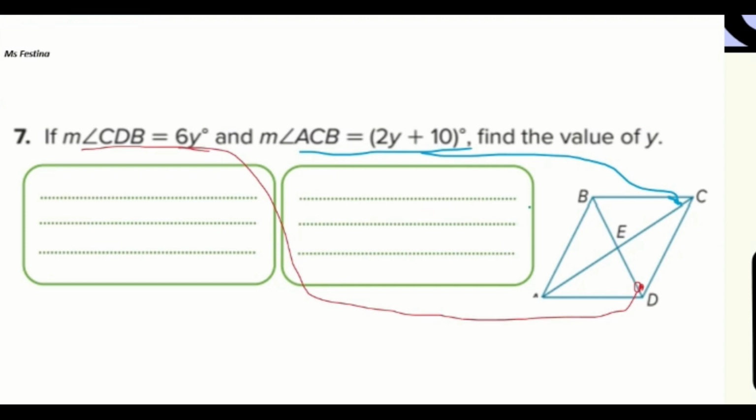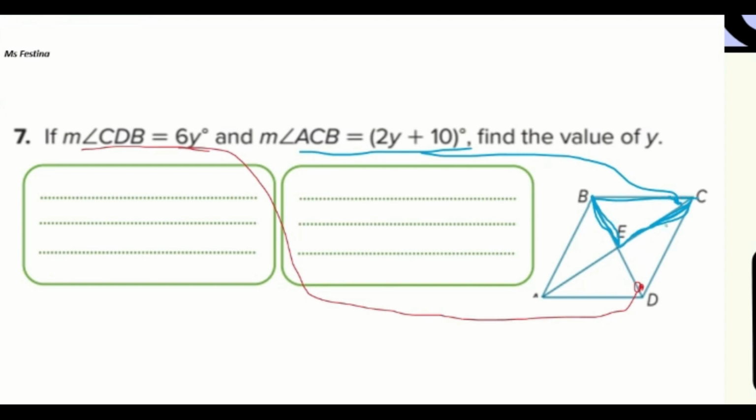The first thing that we can see here, because this is a rhombus, is that we need to look at triangle BCE. Let me just use a color to show it. This triangle right here.